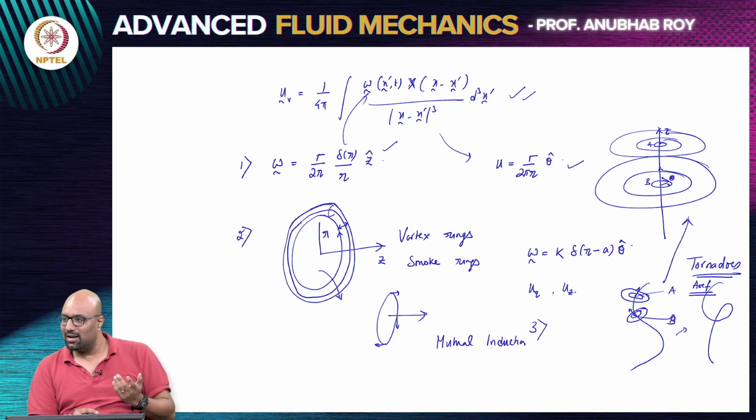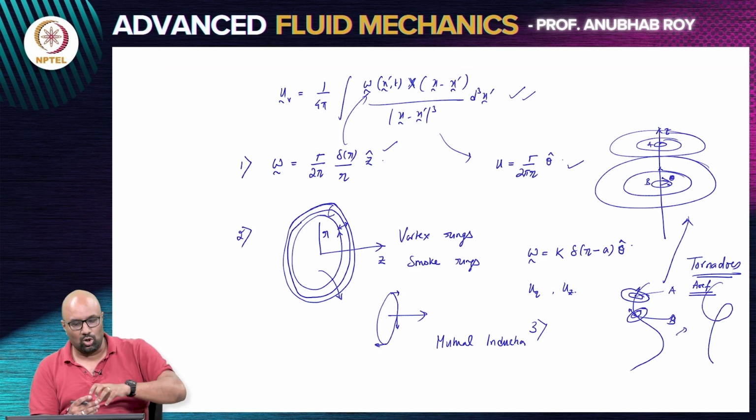And this is something you can see. It is not a very abstract entity. You can get the mathematical answer of what is the self-induction velocity of a vortex ring, and you can then compare it with what you will get from experiments. If you create a vortex ring, which is again not very hard to make, once you create a vortex ring, you see it will propagate.